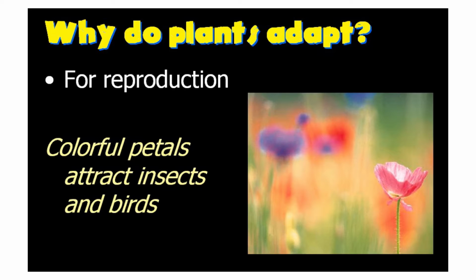As you can see in the picture on the right-hand side of this slide, the highly attractive color is highly visible to the insects and birds that are attracted, and the plant gets help with reproduction. So this is also one of the adaptations by plants that is meant to help them with reproduction.